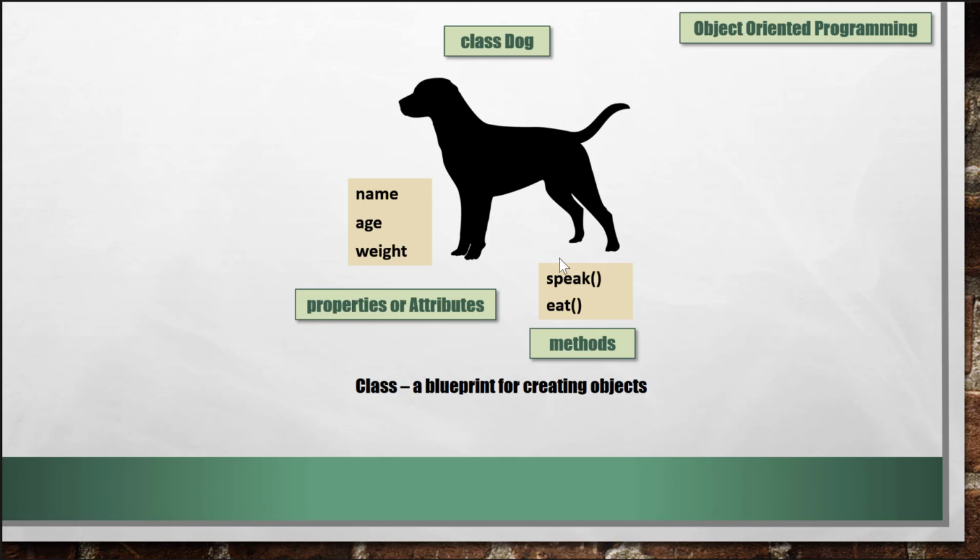So I don't want to write individual methods for each of those. Every dog would speak and every dog would eat. So if I could write a class that holds all of the characteristics and the methods of all things that all dogs share, I would call that a class. So that's what we're doing here.